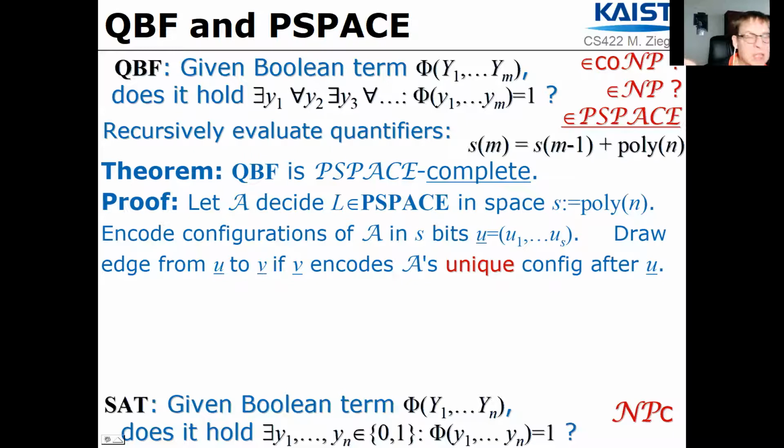But anyway, it's another configuration after executing the algorithm for one step after having resumed the kind of frozen state from U. One step results in a new frozen state V. In this case, we're going to draw a directed edge in our hypothetical graph from U to V. And in this way, we convert the algorithm A together with its memory bound S into a directed graph.